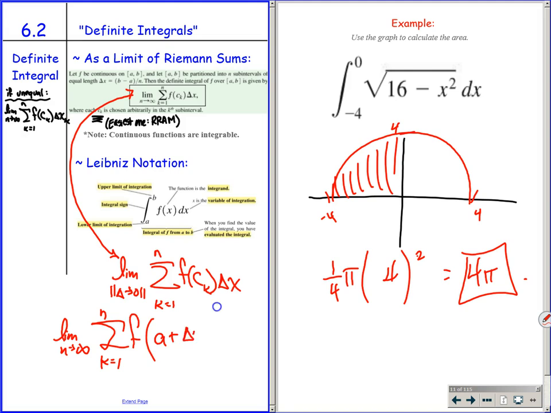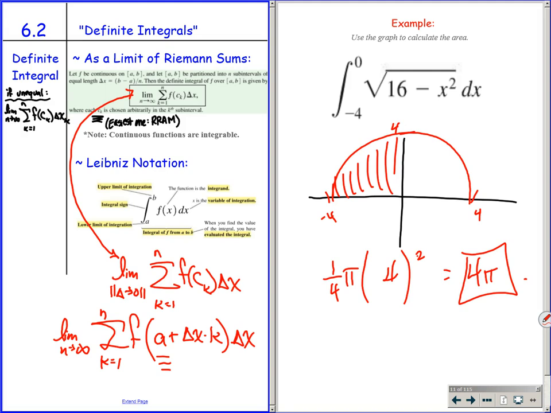You could do your delta x times k, if they actually showed what we were doing yesterday as far as multiplying these little partitions, these little subintervals, the widths, and then adding to the initial. Maybe we could see a that way. The problem is we wouldn't exactly know where b is, because we wouldn't have an ending point to look at.